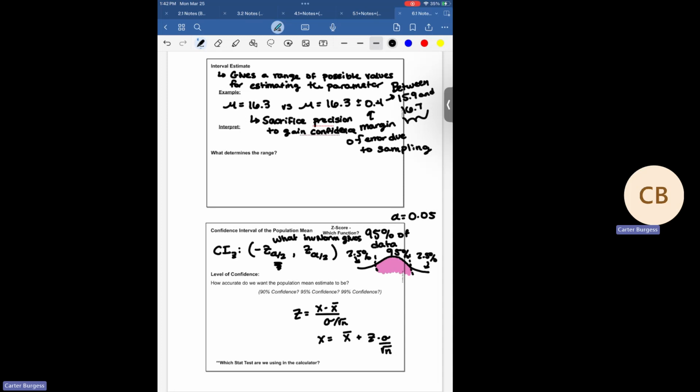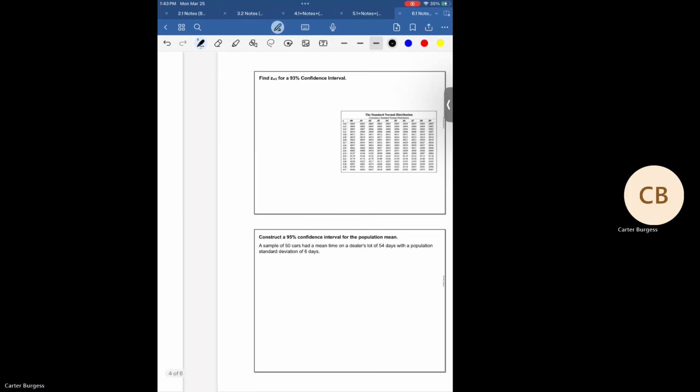I also want you to be able to do it with the calculator, but this one is nice enough that we're going to approach this by hand, and it's not going to be too tricky. We do still need to use the calculator to get the z-scores that we need, so that'll be like the Unit 5 stuff. But then converting from z-score to x value is really the only task that we have.